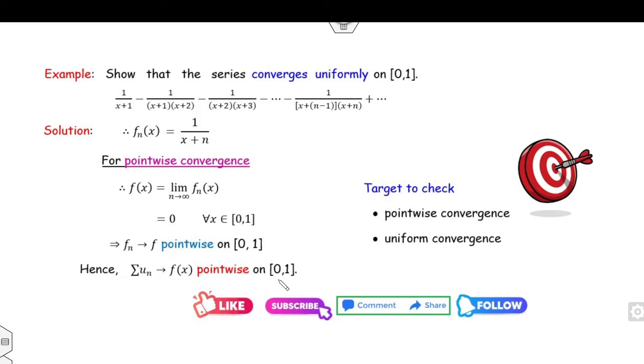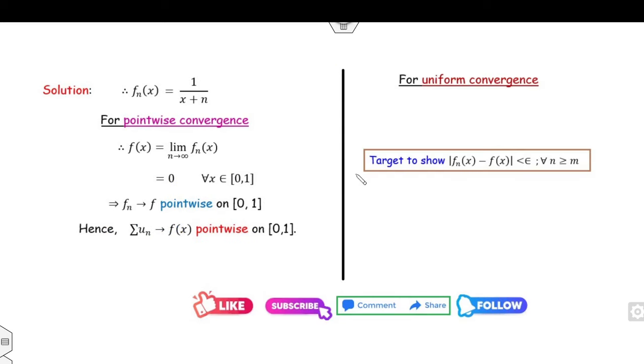Now for the second case, we need to check the uniform convergence. We can start with f_n(x) minus f(x). So what is the absolute value of f_n(x) minus f(x)? What is the value of f_n(x)? It is 1 over x plus n. What is the value of f(x)? It is 0 for all x. So the answer is 1 over x plus n. Fine.